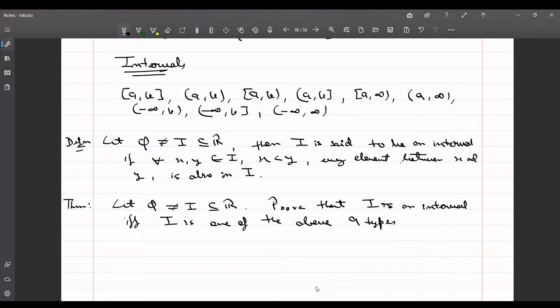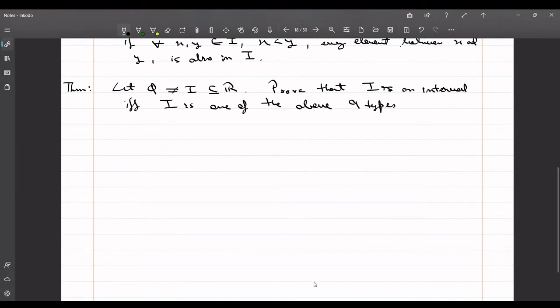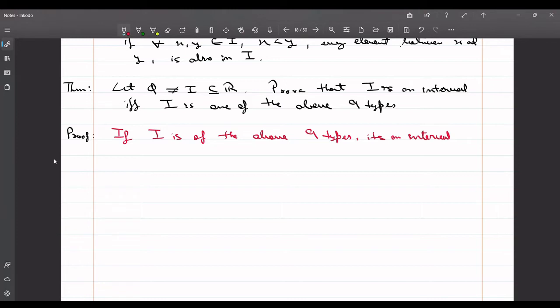So that is a trivial case, and hence no need to prove.